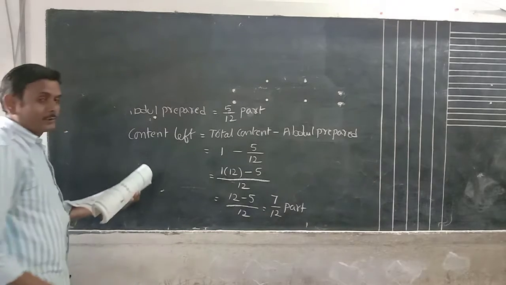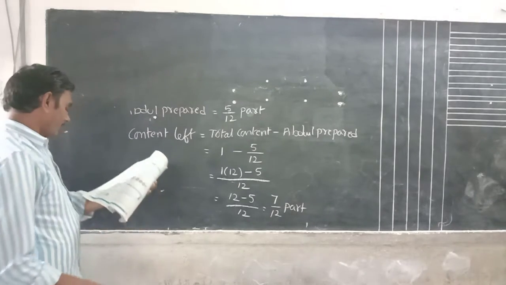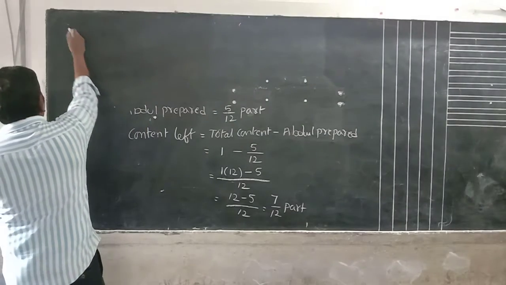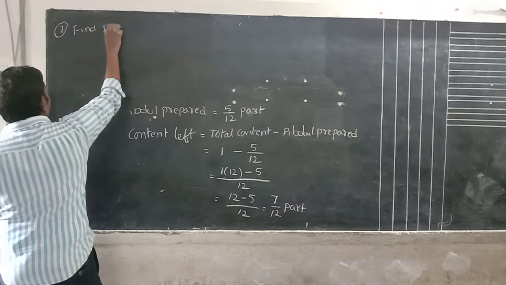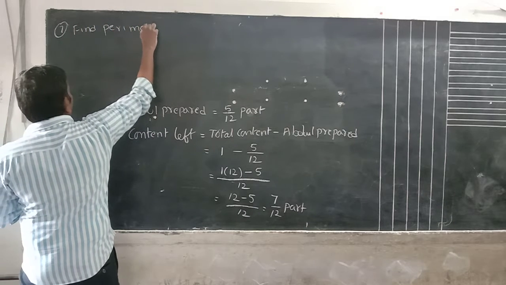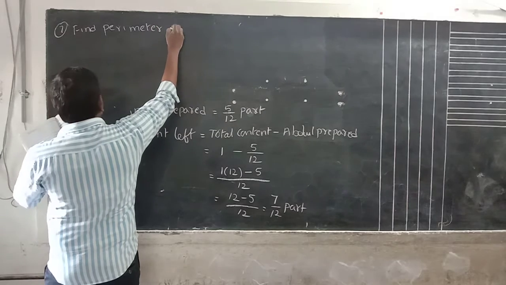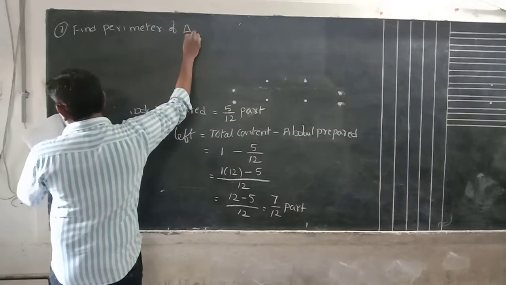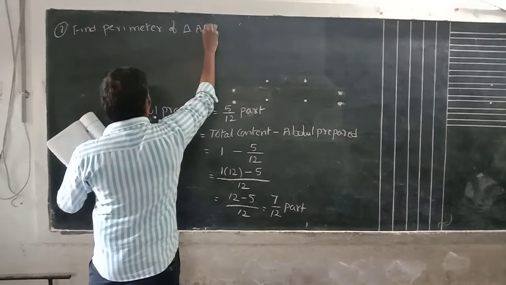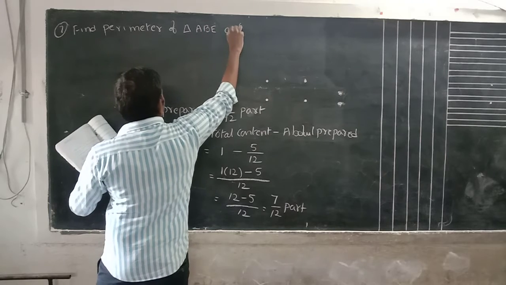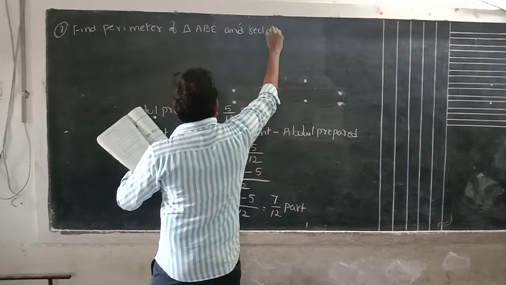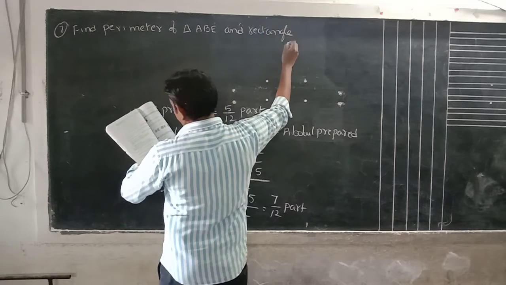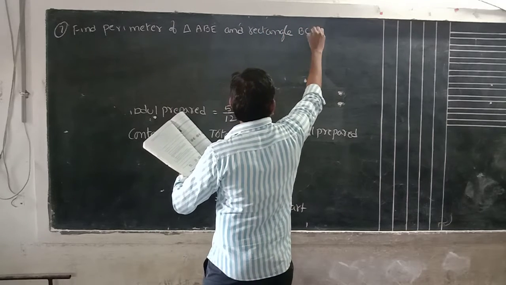I am not going to write a question here. Find the perimeter. Second question. Find perimeter of triangle ABE and rectangle BCD.